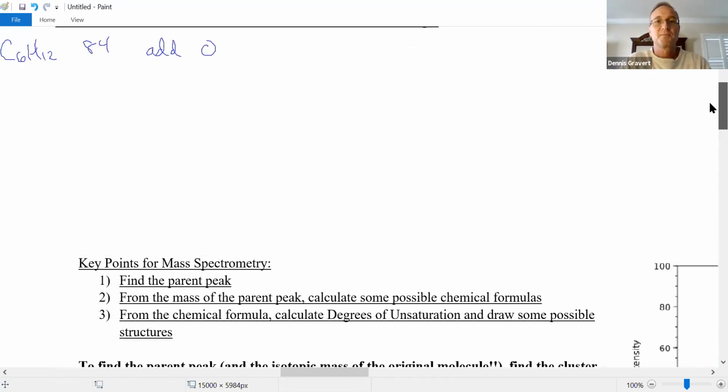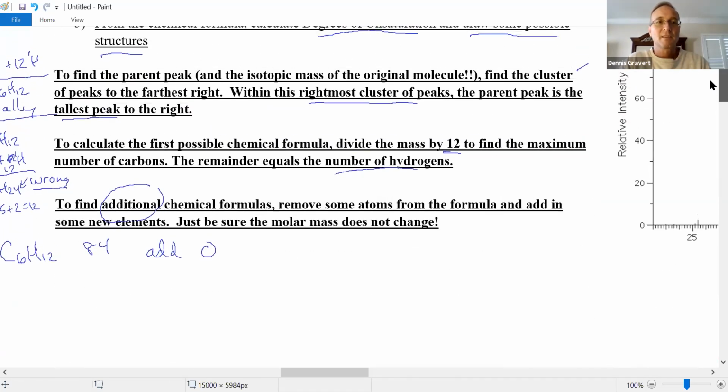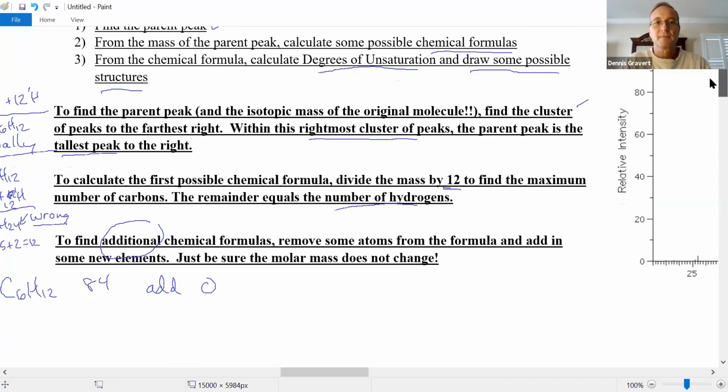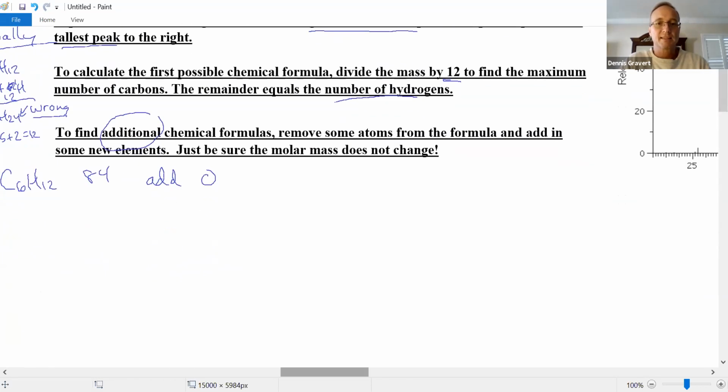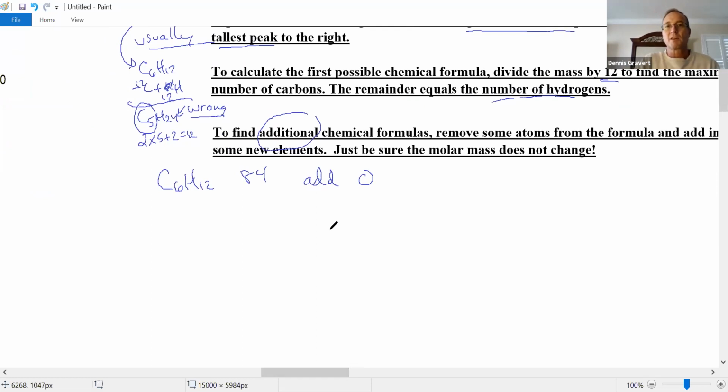Okay, so let's get another chemical formula of C6H12, but this time we want an oxygen in it. So the most common isotope is oxygen 16. One oxygen atom is going to weigh 16 mass units. So out of the 84 mass units of the whole molecule, I want 16 of those to be from oxygen. So I want to add in an oxygen that weighs 16.